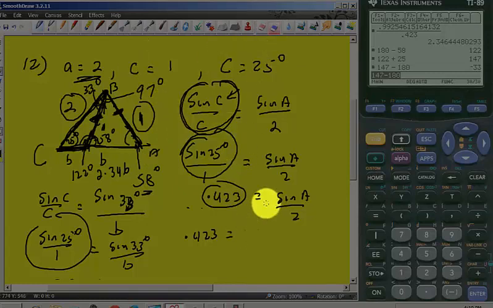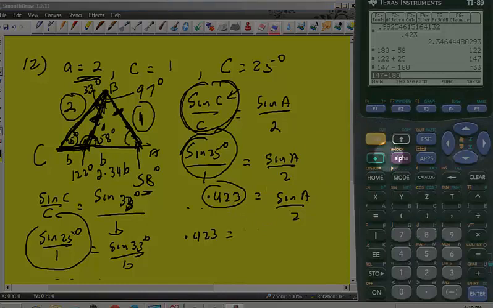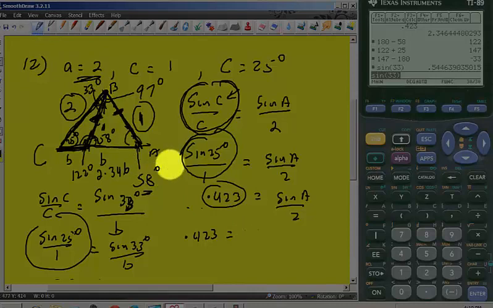So let's go to our calculator. Sine of 33, close parentheses, enter. That turns out to be 0.544. So 0.544 is to B. To find my second B, I'm going to cross multiply: 0.544 over 0.423.